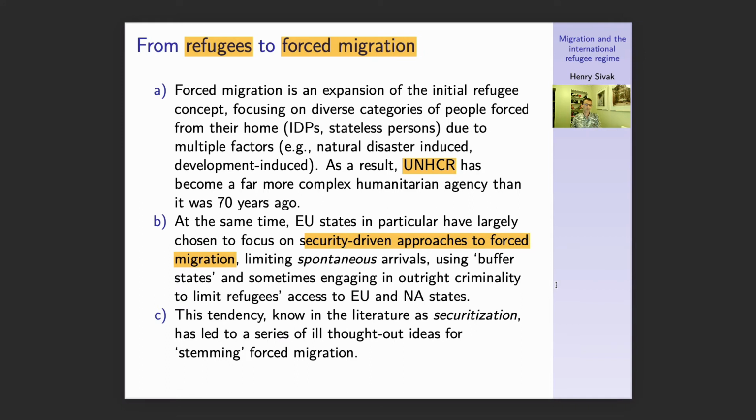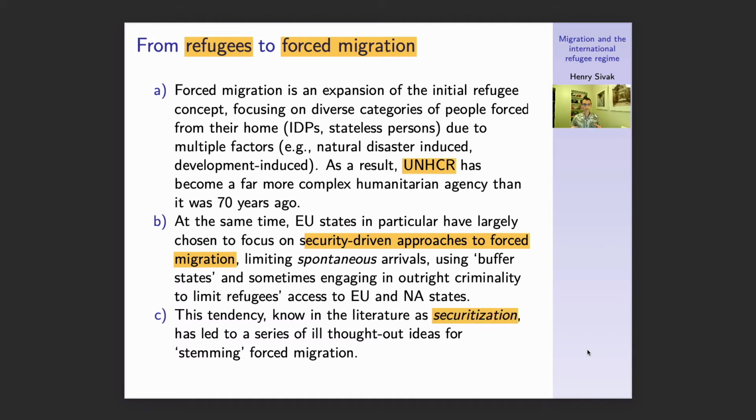The European Union itself was not very well equipped to deal with these questions, and so they basically gave the whole thing over to European security agencies that then defined what EEC and then EU policy would look like. Limiting spontaneous arrivals, using buffer states, and sometimes engaging in outright criminality to limit refugees' access to EU and North American states. This tendency is known in the literature as securitization.